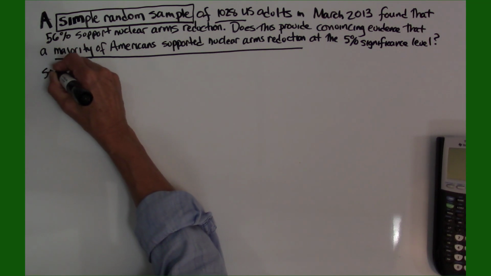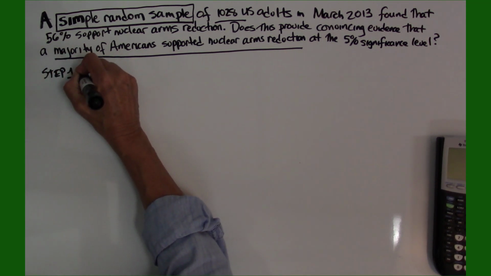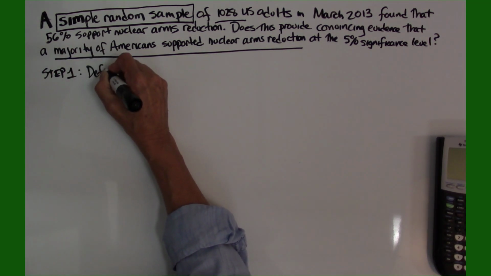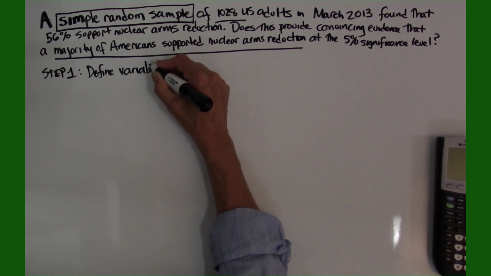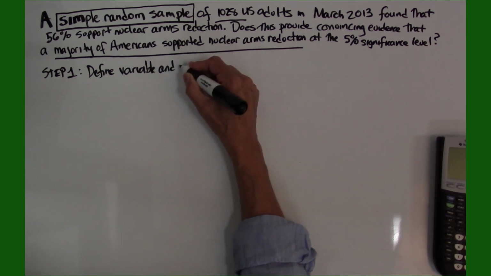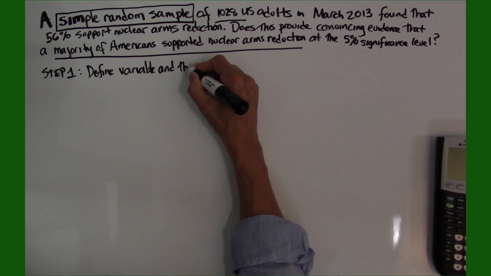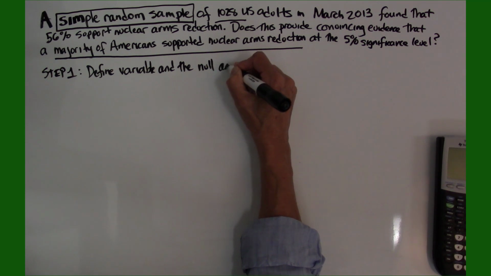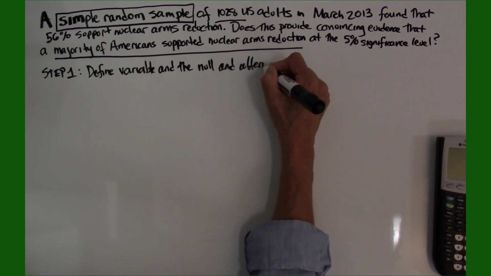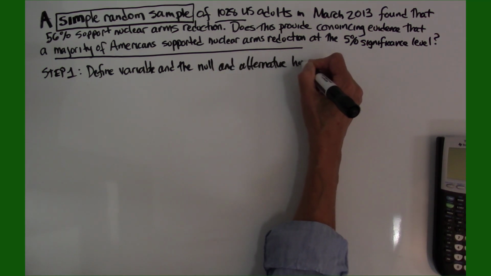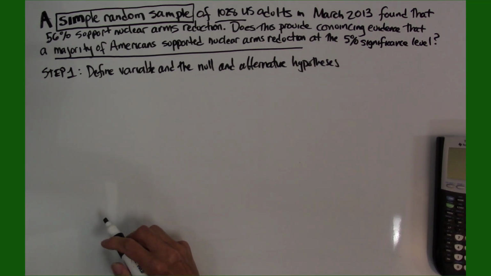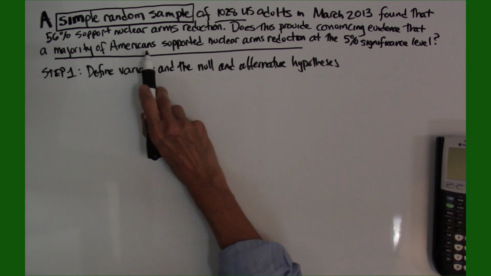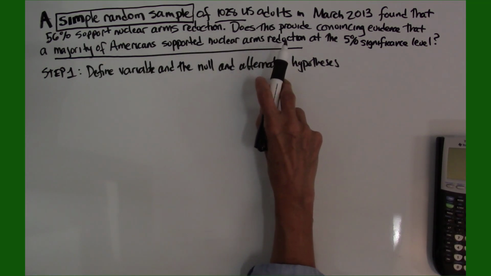Starting with step 1, I'm going to define a variable and the null and alternative hypotheses. In this case, we want to know whether a majority of Americans support nuclear arms reduction.